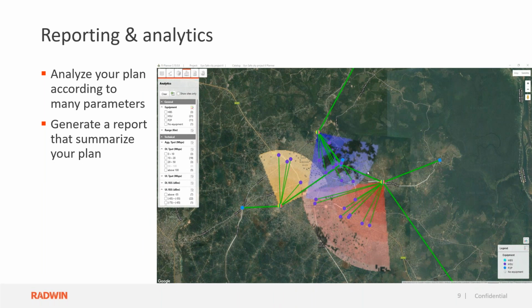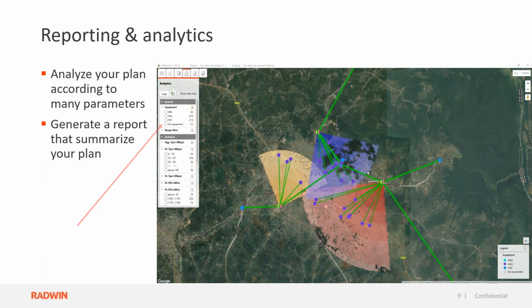Analytics. You can analyze your plan according to many parameters. Generate a report that summarizes your plan. You can do analytics according to equipment, to throughput, on the uplink, on the downlink, analytics on RSS, and so on.